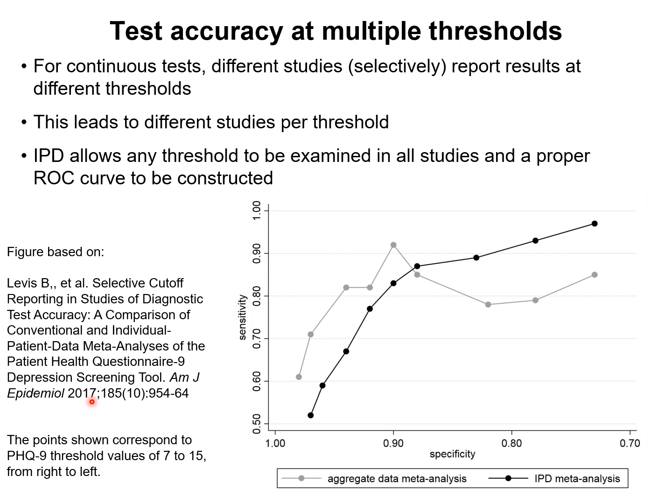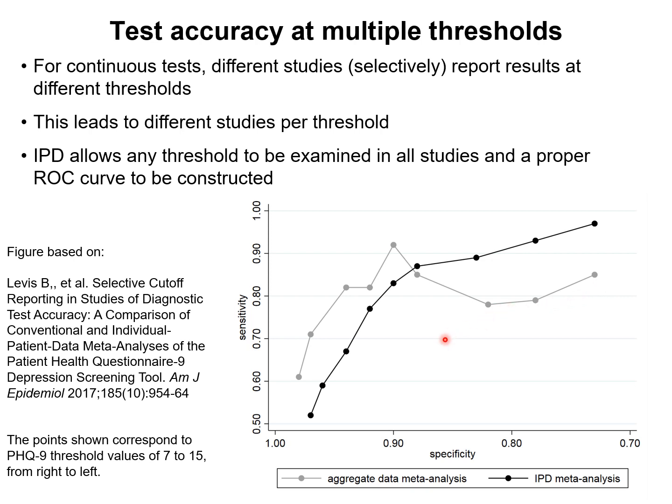diagnosing depression. Now, without individual participant data, you're reliant on the original studies, what they reported and which thresholds they used, and this leads to different thresholds being reported in different numbers of studies. And so what we should be seeing here is a monotonic ROC curve like what we get with the IPD, but without the IPD, the results from the individual studies, when they're pooled together, we get this jaggedy and non-monotonic curve, which is inappropriate, and it's because different thresholds have different numbers of studies contributing to them.